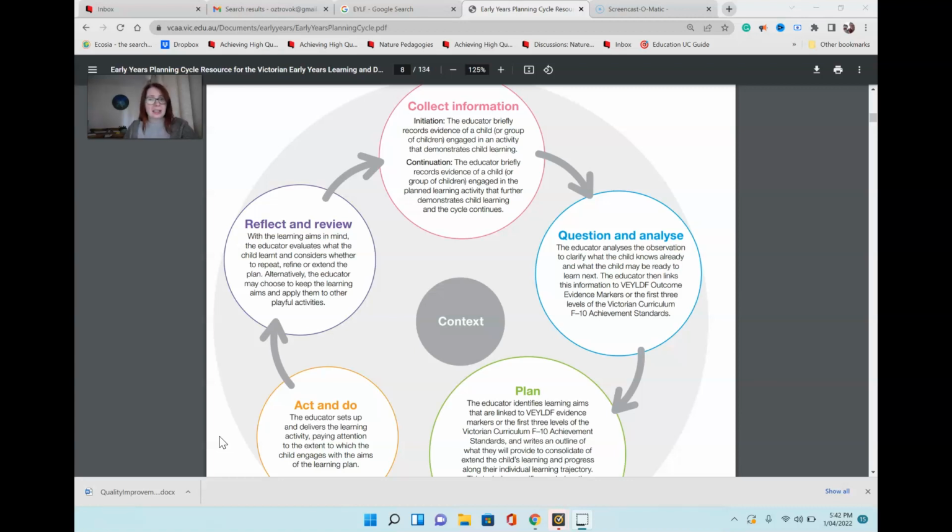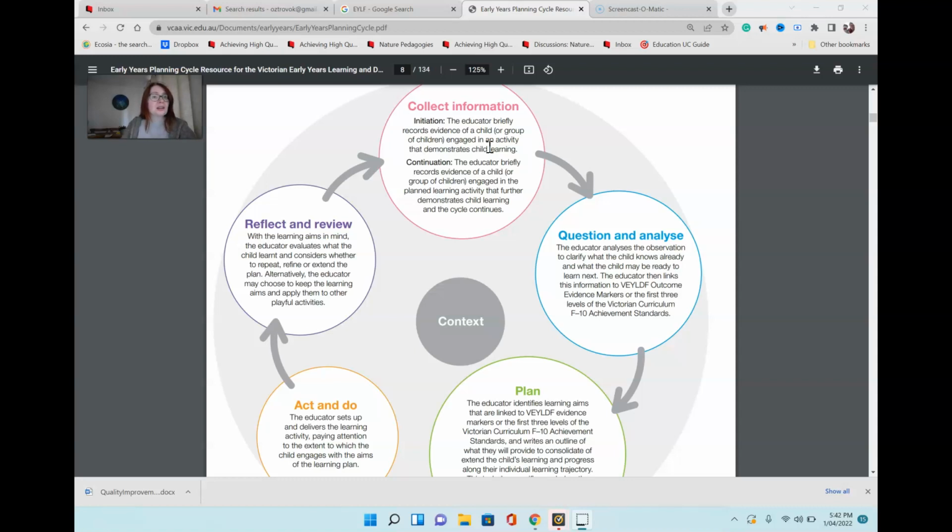Number 1 is collect information. So my students, when they're on placement, start with an All About Me form, where they discuss some important information about the child. They gather it or collect it from the parents or families, from educators, and also through observations of the child.